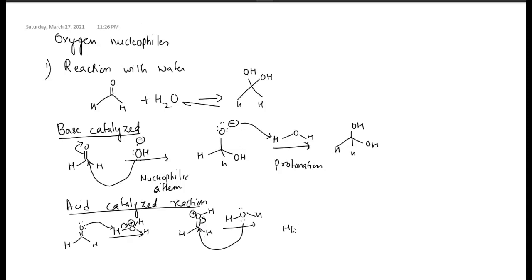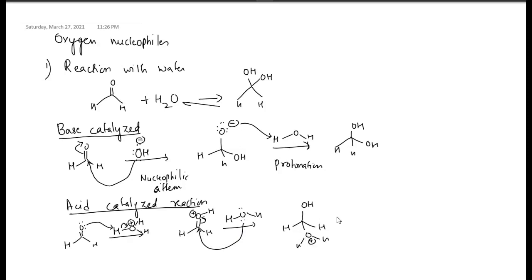So you end up with a species like this. Now we have the OH, right? So if you follow this, you can see that water molecule attacks here. So this is my water molecule, but since oxygen has 3 bonds, you get a positive charge on the oxygen atom.